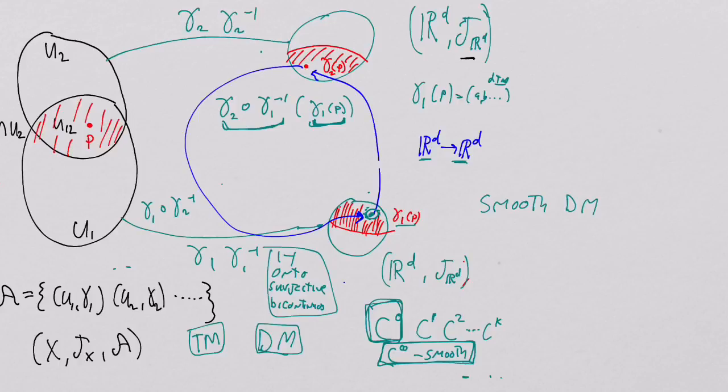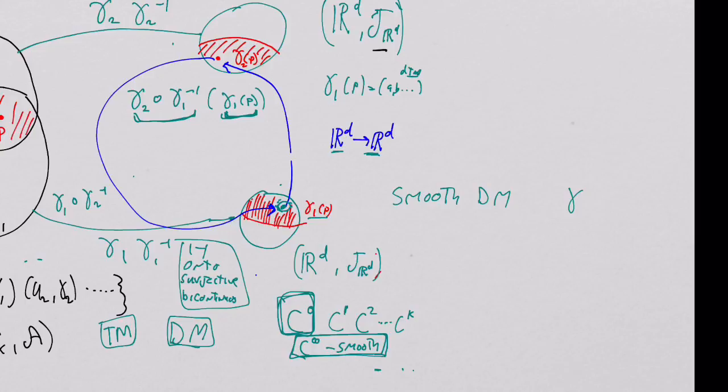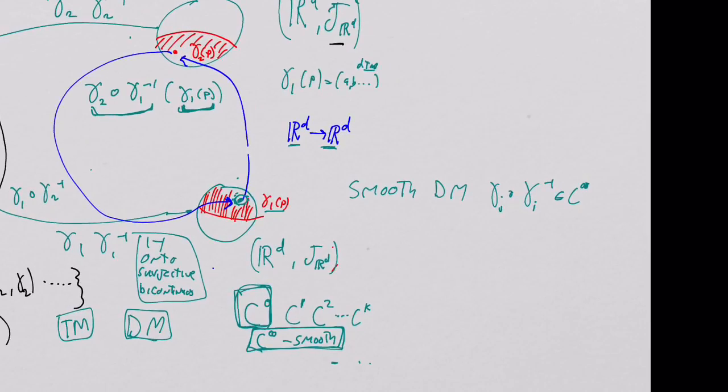That is, the transition functions, gamma i inverse composed with gamma j, if this is infinitely differentiable, you have a smooth differentiable manifold.